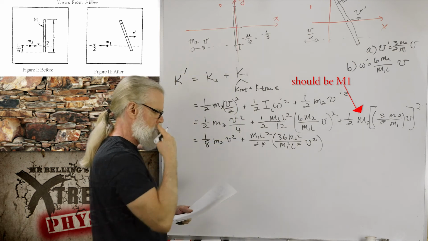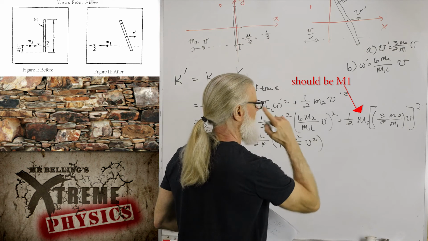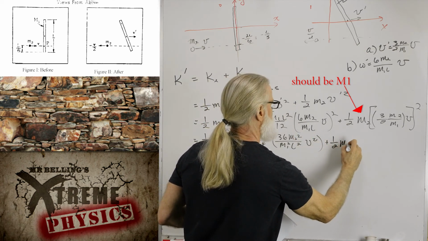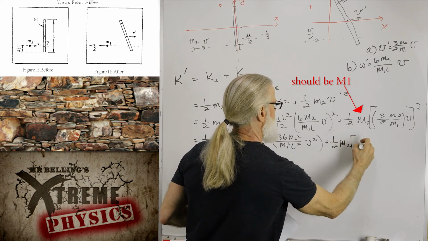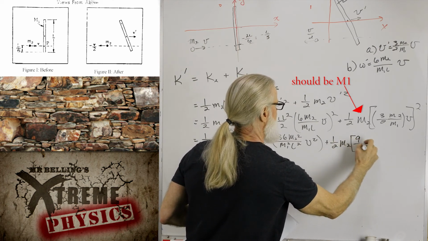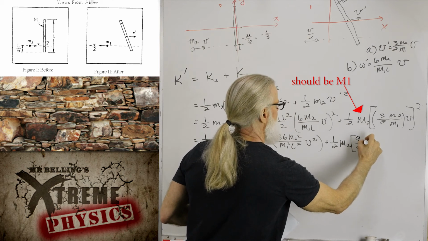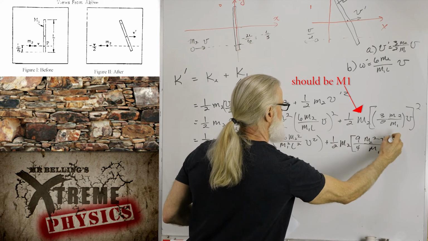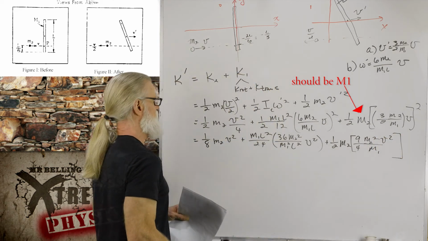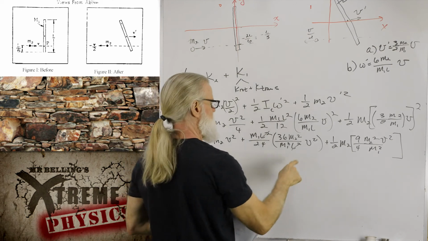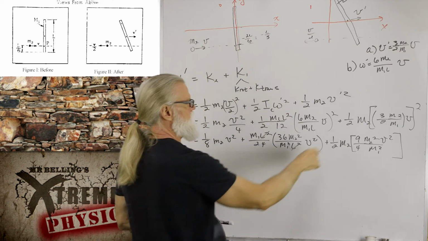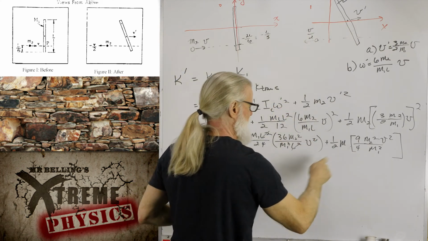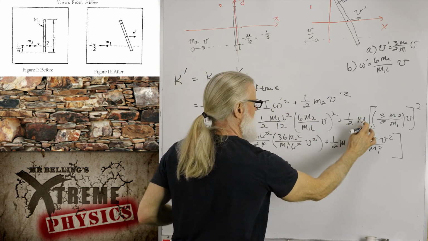All right. Plus 1/2 m2 times, what do we got? 9/4 m2 squared over m1 v squared. Wait a second. That should have been, that's not an m2. That's an m1. I keep thinking that's 2. That's 1 right there. That's an m1.